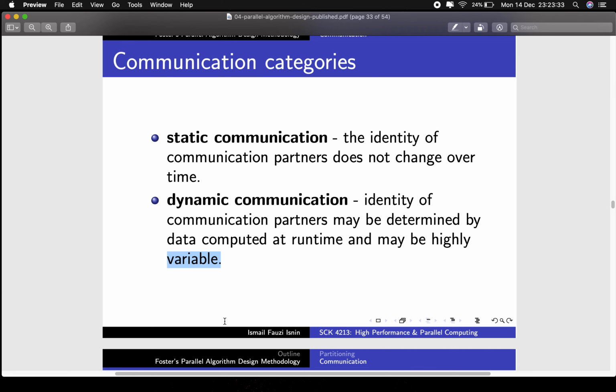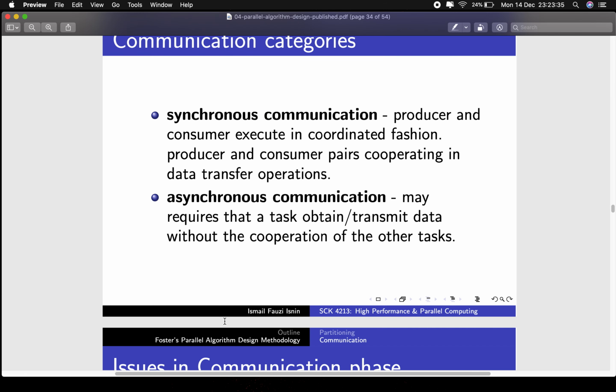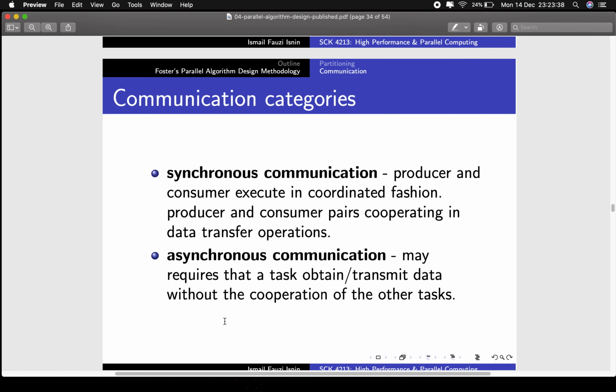And lastly, you will look at the categorization between synchronized and unsynchronized. If you are having synchronized communication, producer and consumer execute in a coordinated fashion. So over here you can see the keywords: producer and consumer, the pair cooperating in the data transfer operation.